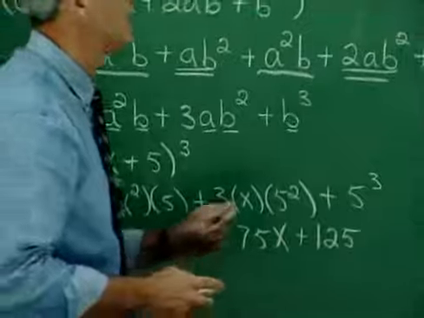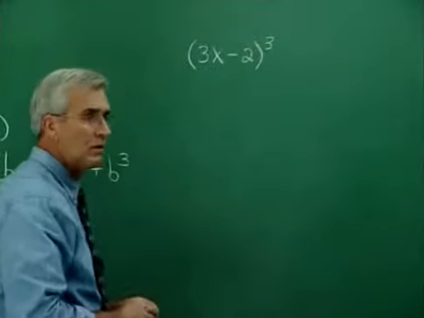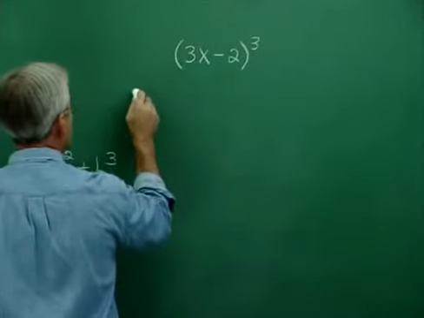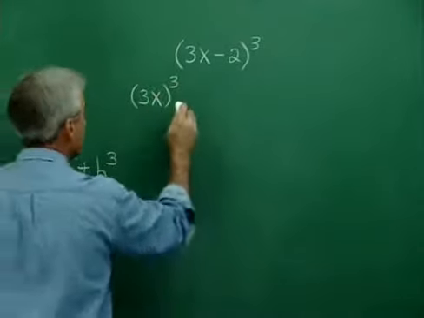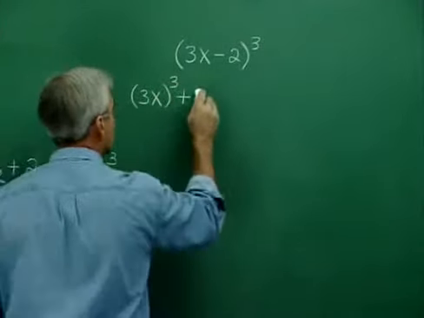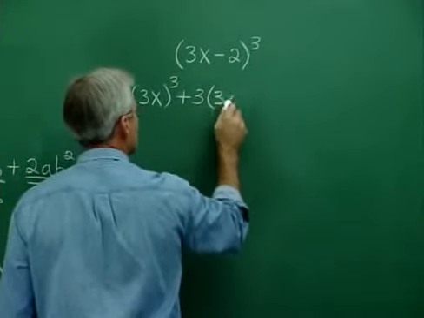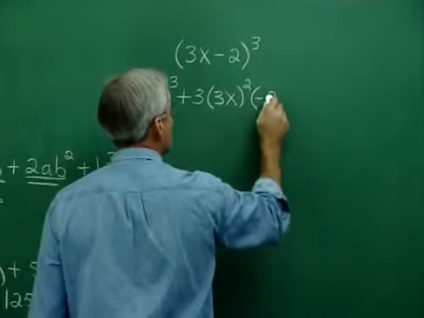Let's go through it again. Let's complicate things a little bit more. We have 3x minus 2 all cubed. With this idea, the first term is going to be the first term here cubed. The second term has a natural coefficient 3, and then we have the first term squared and the second term to the first degree.